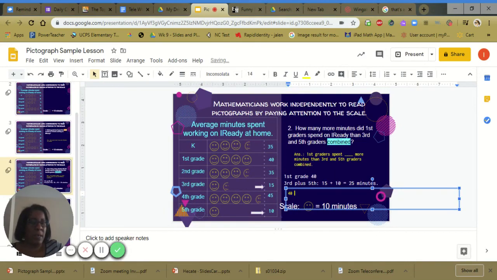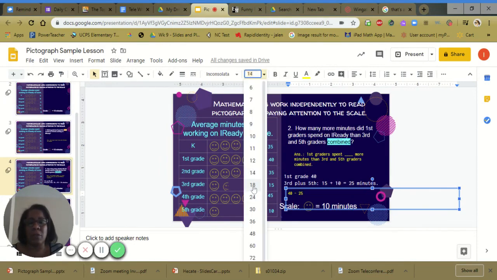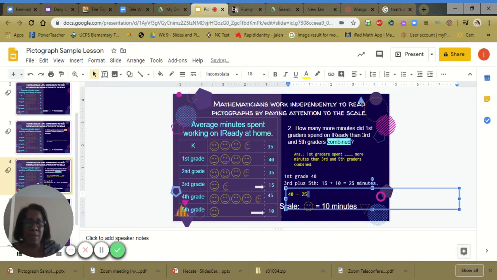So 40, take away 15. What am I saying? 25, okay? Because it can't be 15 since I had to combine third grade and fifth grade. So we have to be very careful and pay attention to what we're doing. So 40 take away 25 would leave us with a difference of 15.